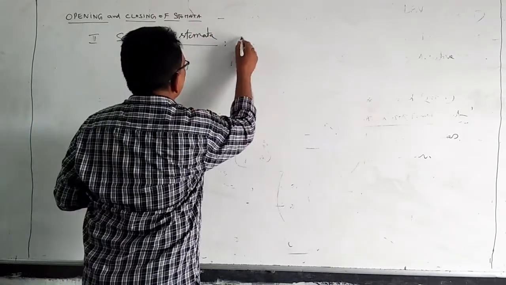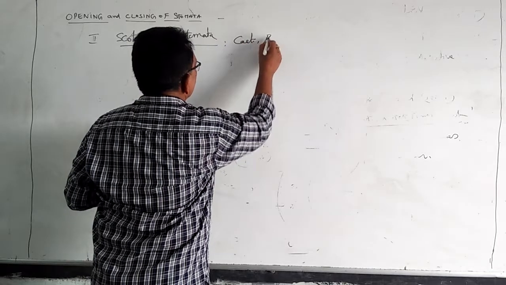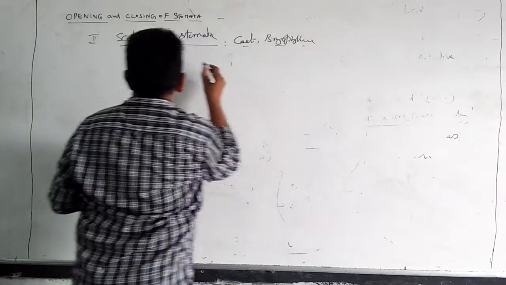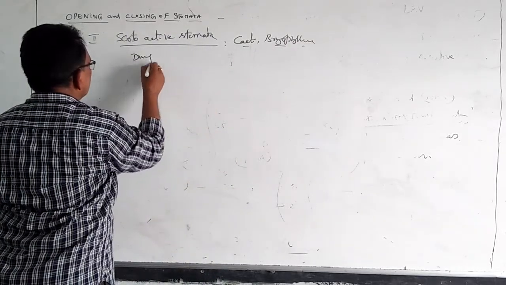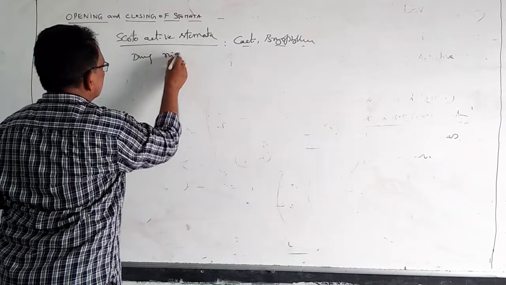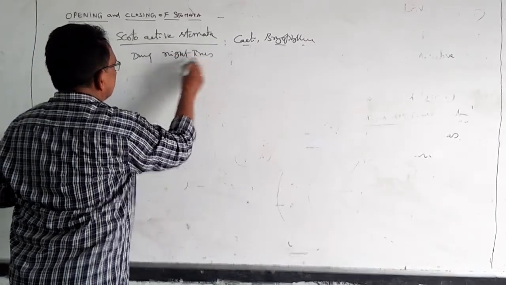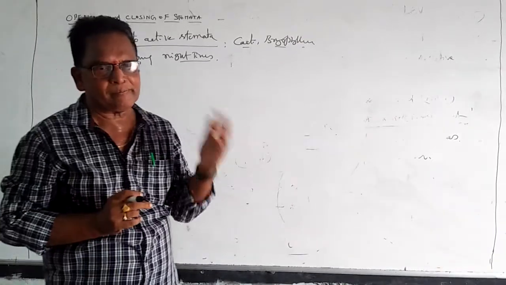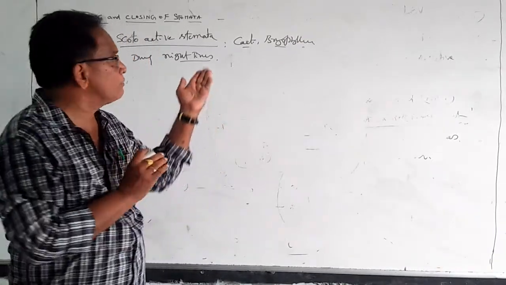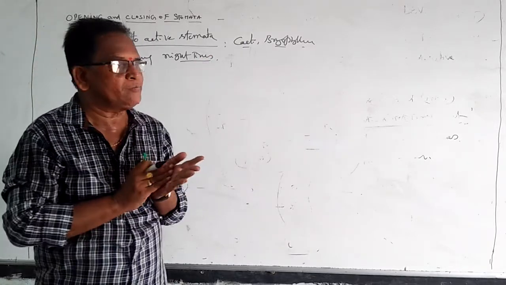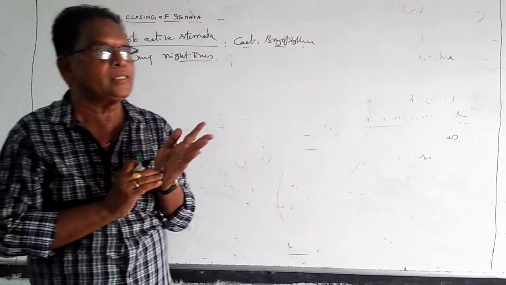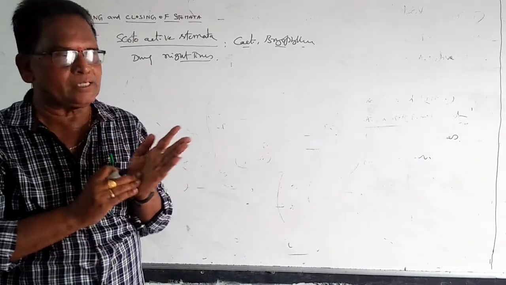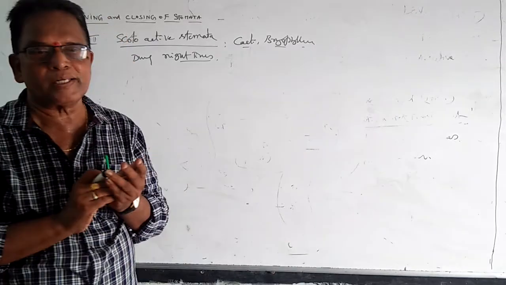These stomata are found in cacti and also in plants like bryophyllum, where the stomata open during night times. Then what is the mechanism? Normally stomata open during daytime in presence of sunlight, but in the case of these plants like cacti and bryophyllum, the stomata will open during night time. Then our problem is, what is the actual mechanism that is involved in the opening of the stomata during night times?